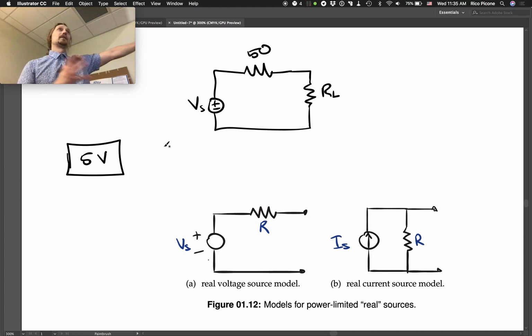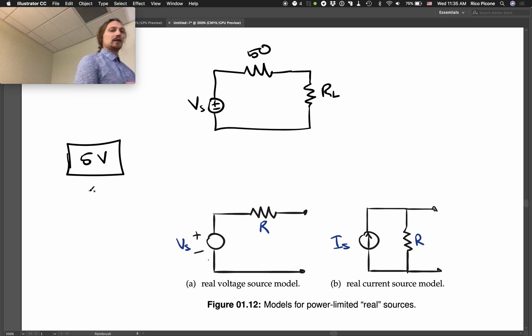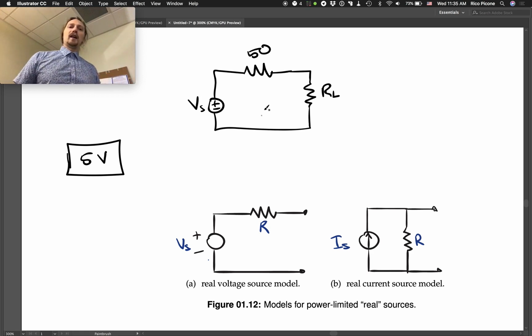So that's a different consideration. When we're thinking about the function generators that we have, we set it to 5 volts, and we expect 5 volts to be delivered, but we know that it's an unregulated supply, so it has to be assuming some specific RL. The standard one that most function generators assume is 50 ohms.